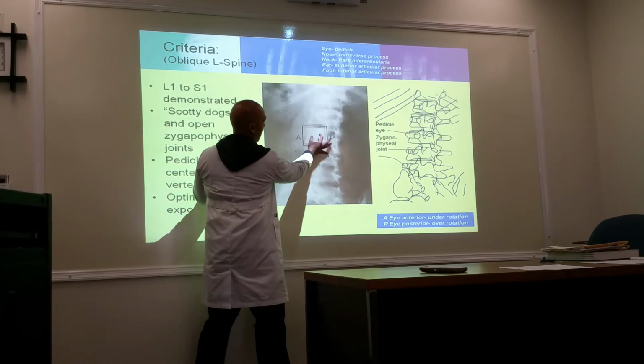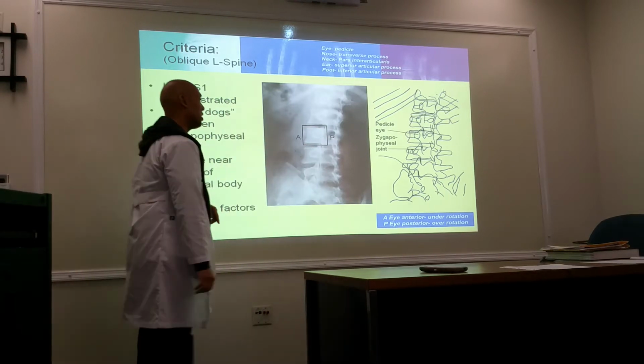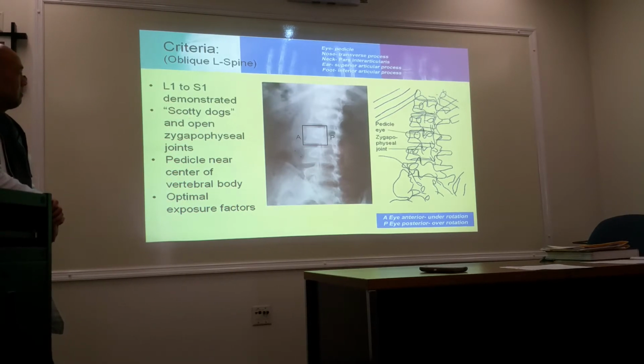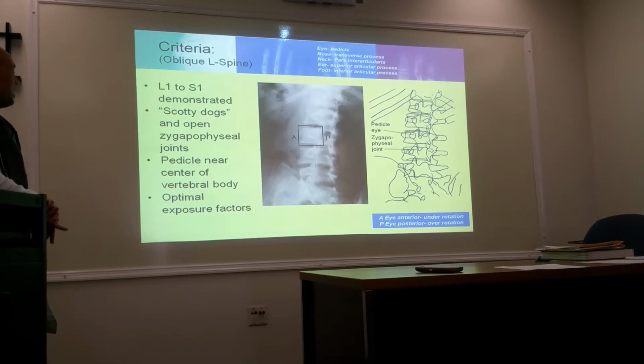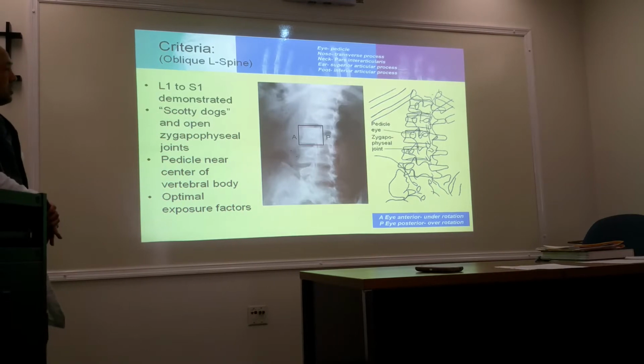If the eye ended up towards the posterior part of the body, that means that the patient was over-rotated. So eye towards the anterior is under-rotated, eye towards the posterior part of the body is over-rotated.